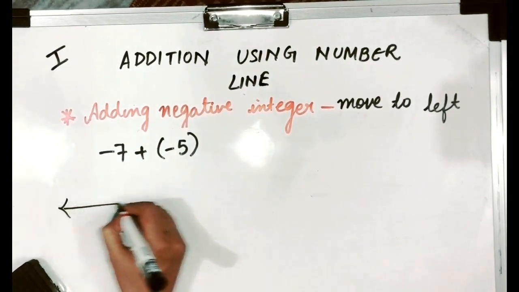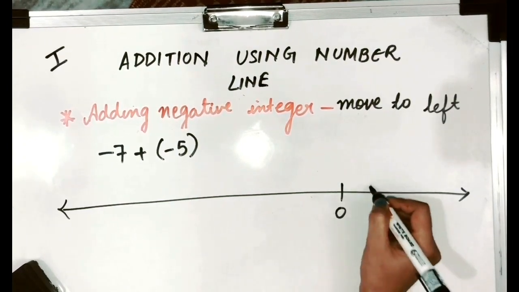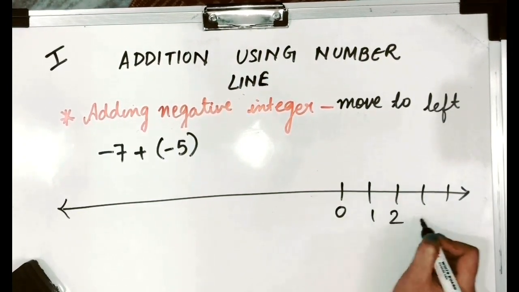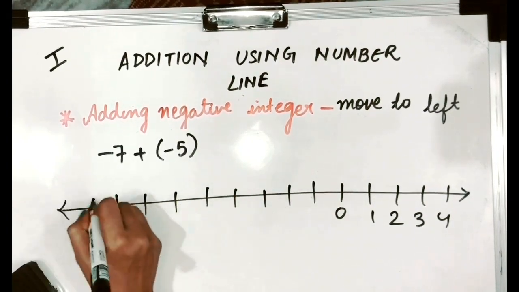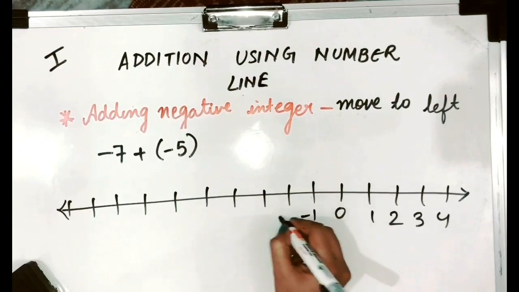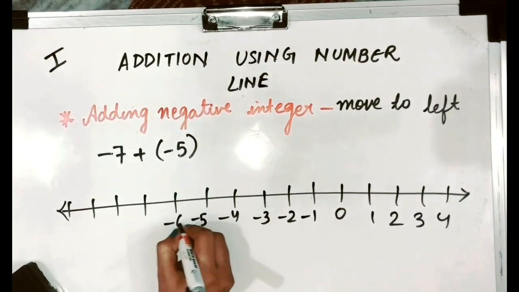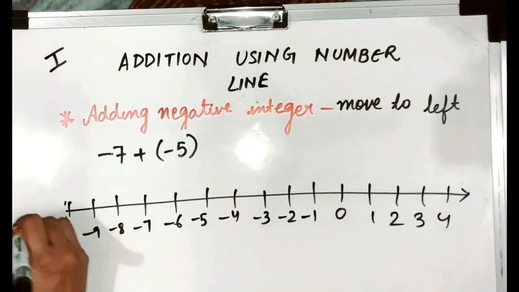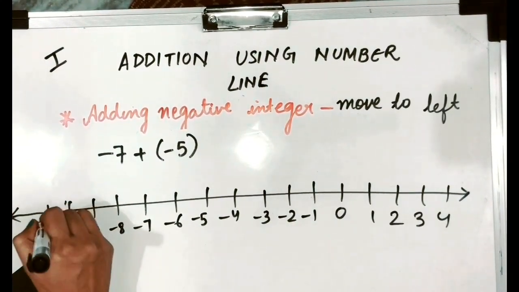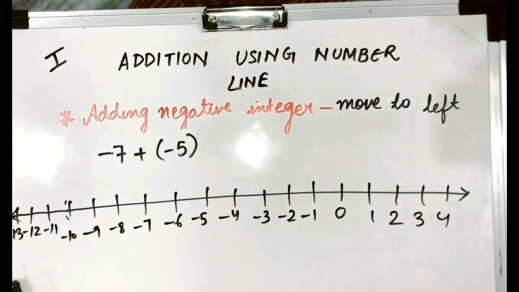So let us make a number line. So we'll start from minus 7.